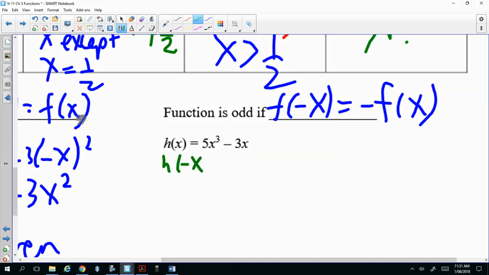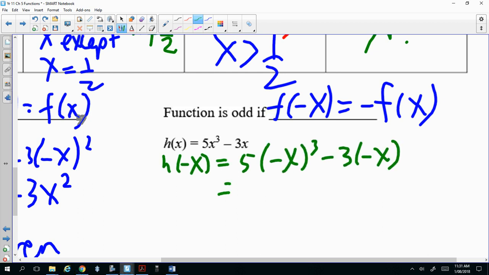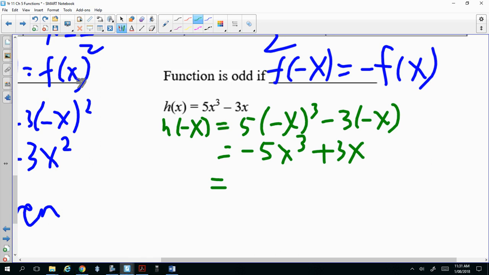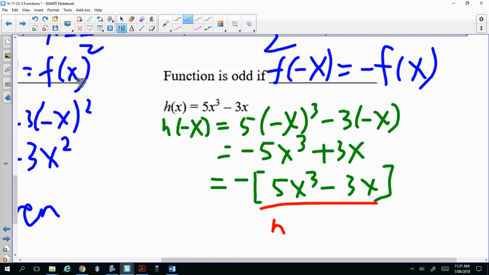And then you factorize the negative out. And what happens if you factorize the negative out? You will find that the sum here is h(x). So negative h(x). And when it's a negative, which fits the definition above, you say therefore h(x) is odd. Right?